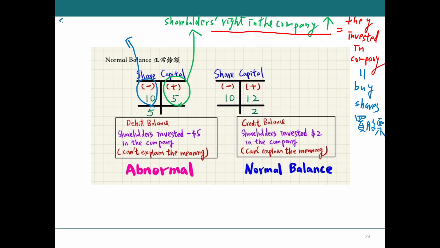So it means shareholders' right decreases. Why does their right decrease? They take the money back.